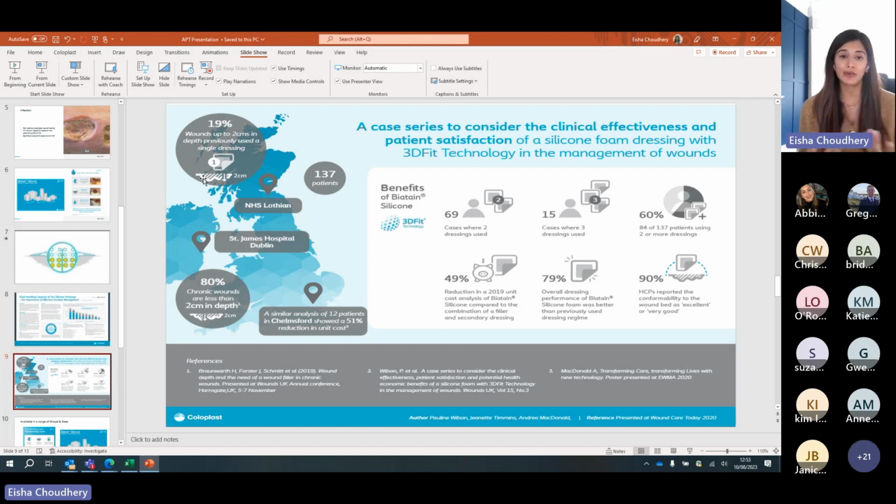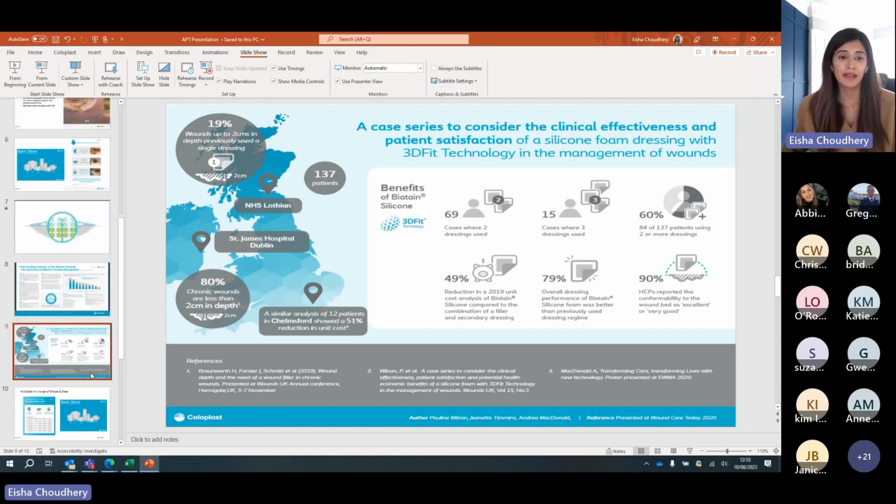The results showed they were able to reduce unit cost by 49%. They were saving on the amount of products they needed to use, saving on the time needed to change the dressing, and they were also able to allow their patients to do more supported self-care. So it offered quite a range of benefits.